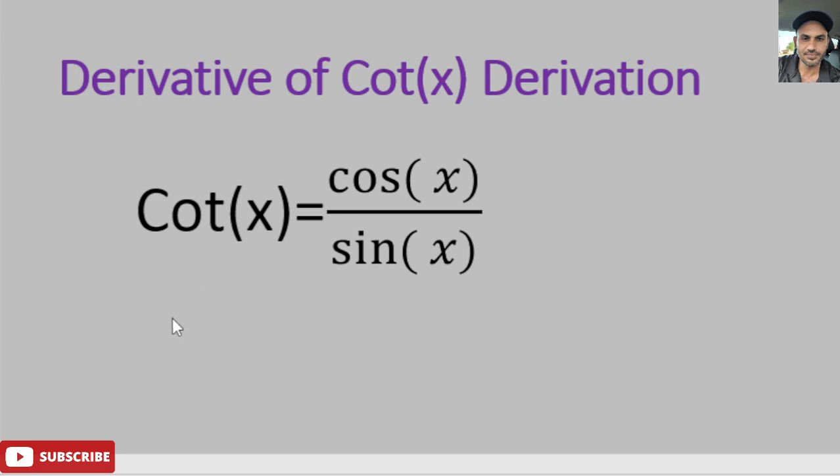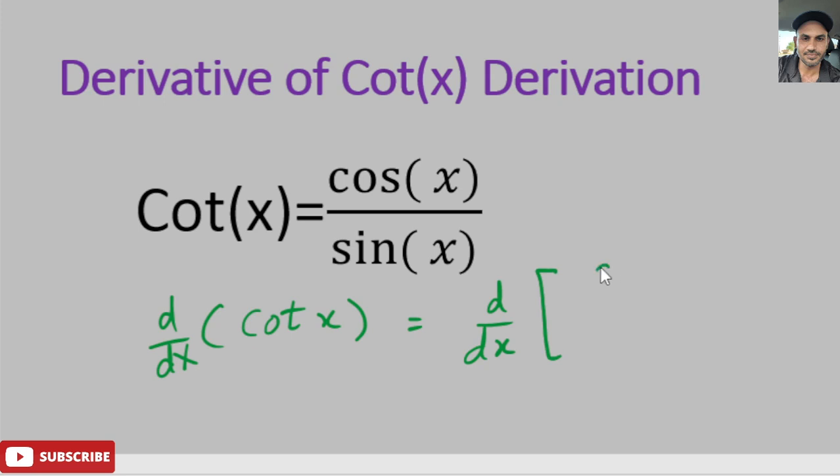So let's write this down. We want to get the derivative d over dx of cotangent of x, that is going to be equal to the derivative of cosine of x over sine of x. Okay, so we take the derivative of this ratio.